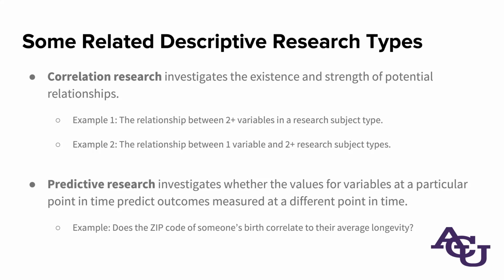Spoilers, the answer is yes, it correlates with all sorts of things, including education level. Is it 100% correlation? No. Is it very strong in some areas, especially where there's high contrast in relative affluence and access to healthcare? Absolutely.